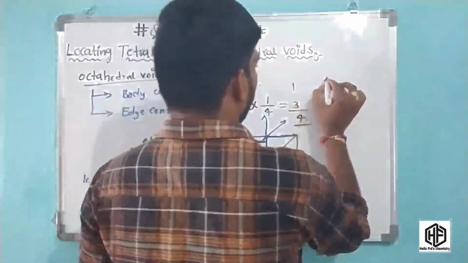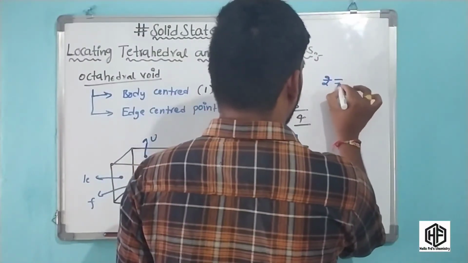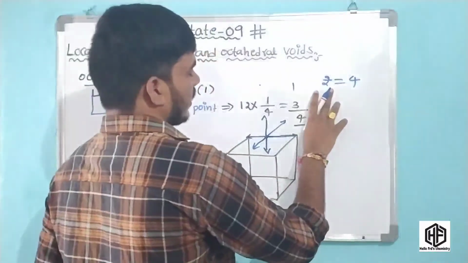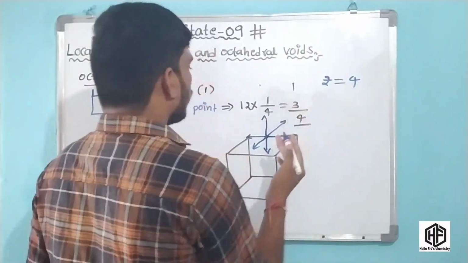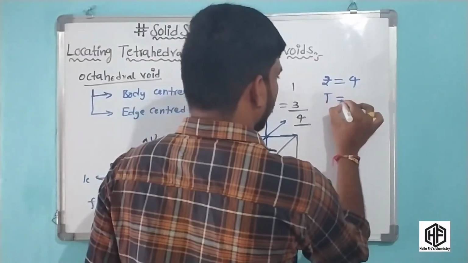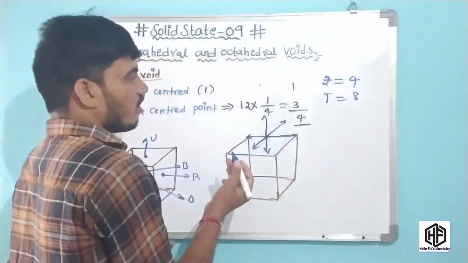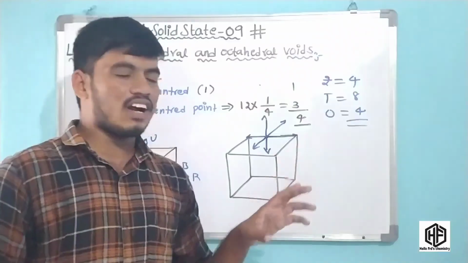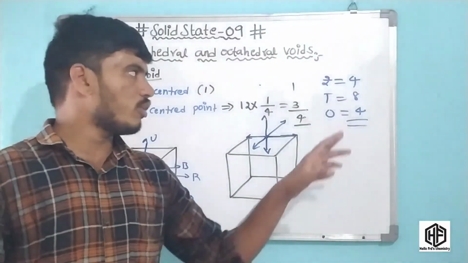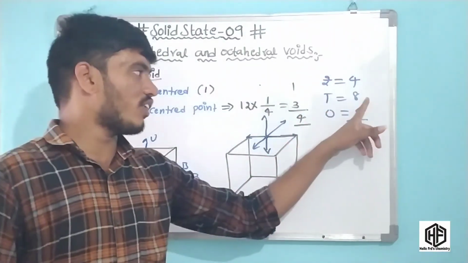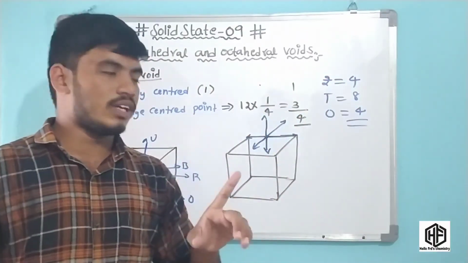The rank of the unit cell is Z equal to 4. In face centered cubic close packing, the rank of the unit cell is 4, tetrahedral voids are 8, and octahedral voids are 4.